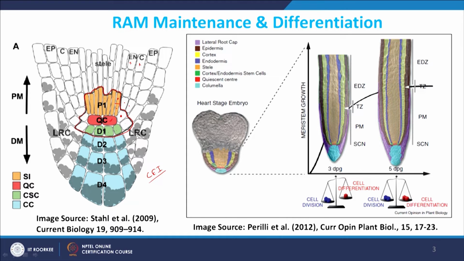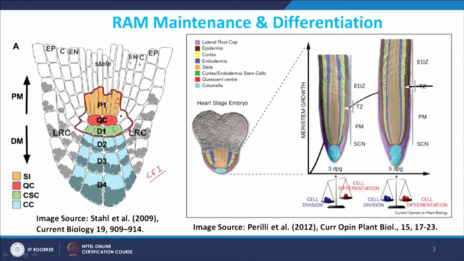Similarly, this initial is for epidermis and lateral root cap. How this happens we will see later. These initials are for columella cells, they give rise to columella, and these are the vascular initials, they give rise to vascular tissues.